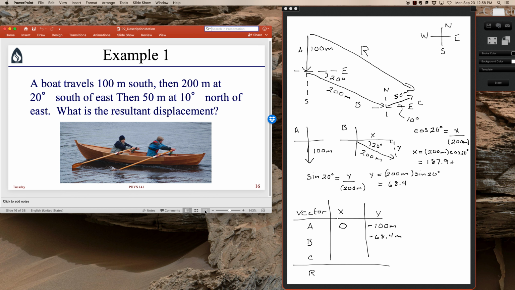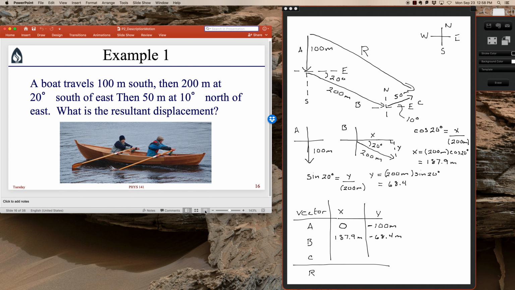So then I can add that to my table as well. This vector is pointing in the positive x direction. So since it's pointing in the positive x direction, the number I write down in my table should also be positive.